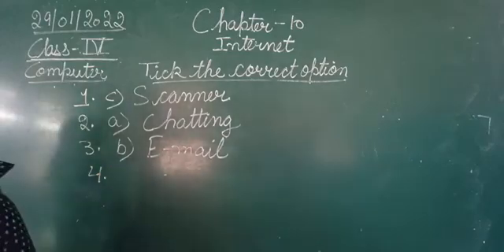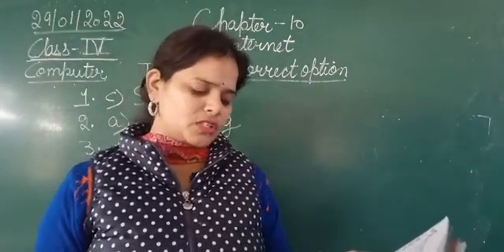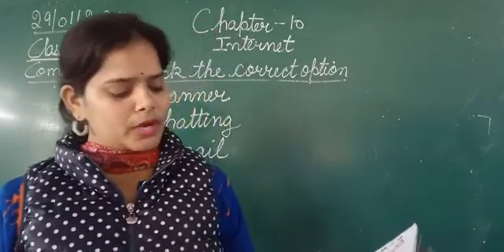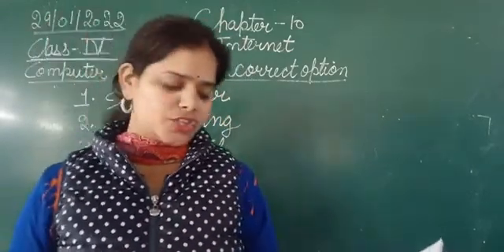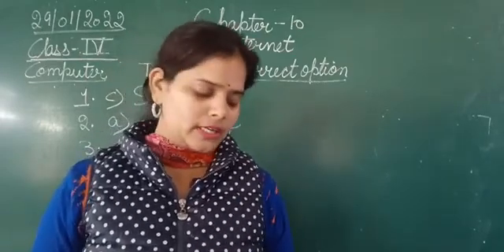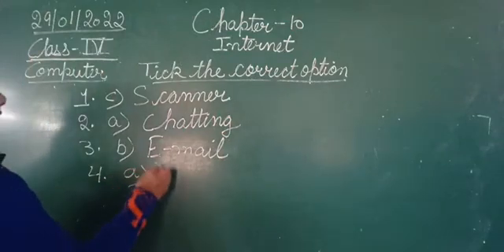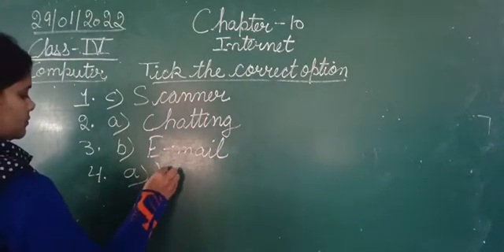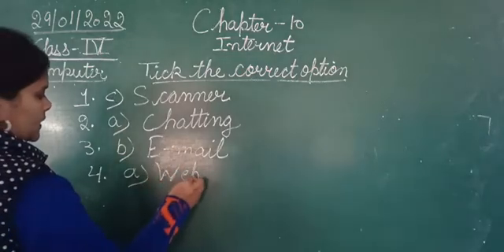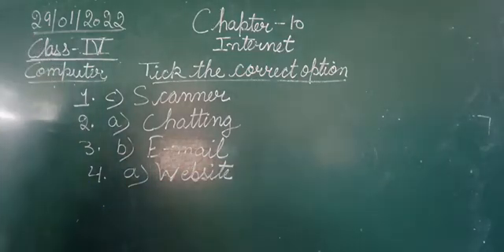Moving next to the fourth one. A collection of web pages is called website, web browser or home page. So the collection of web pages is known as website, that is option number A. Moving next to the fifth one.